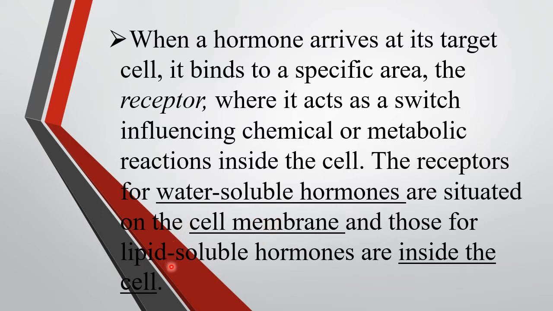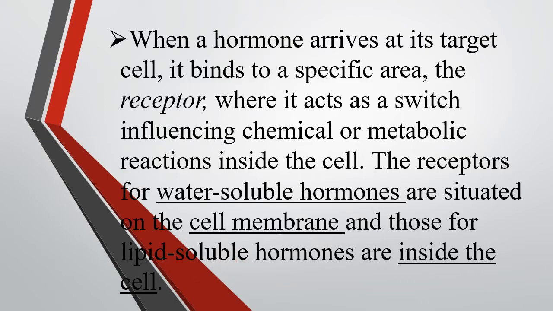Compared to a lipid-soluble hormone, since they are lipid, that means they are similar to the phospholipid bilayer of your cell membrane. These types of hormones, your lipid-soluble hormones, can enter directly through the phospholipid bilayer of the cell, and the hormone receptors are located inside the cell.